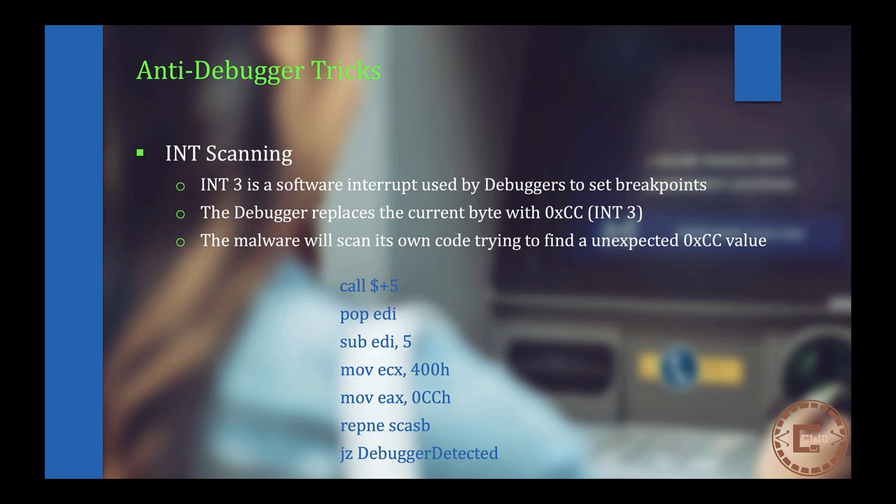Call is an instruction of 5 bytes. If you say call plus 5, that means go 5 bytes after this call. If you go 5 bytes after, you will land right here, right? When you reach here, you do pop EDI. That means you will store in EDI the value of this address.